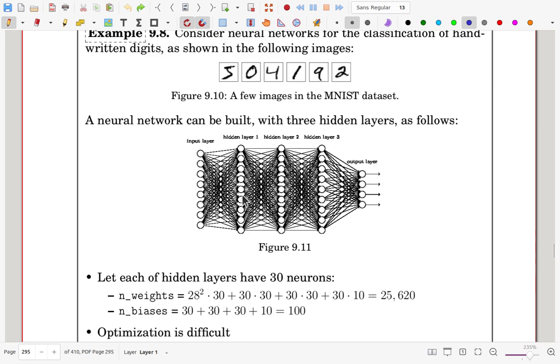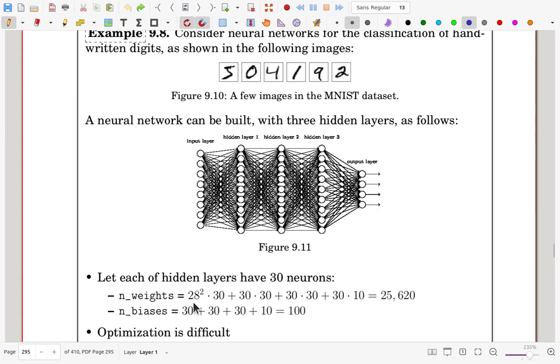For this layer, the input layer has 28 squared units, and we assume here 30 units. Then the number of weights to teach is 28 squared times 30. For this layer, 30 times 30, and again 30 times 30, and finally 30 times 10.